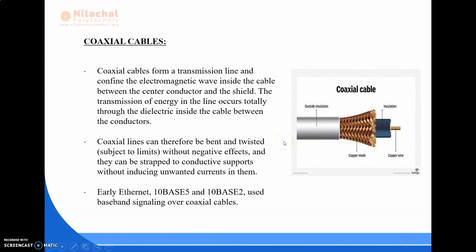The main advantage of the coaxial cable is that it avoids electromagnetic interference, which saves us from different cross connections and network faults.